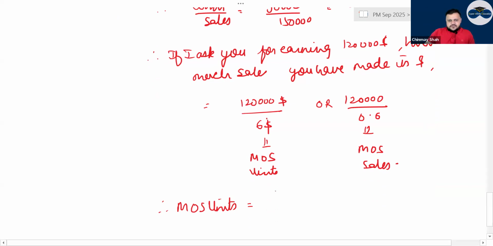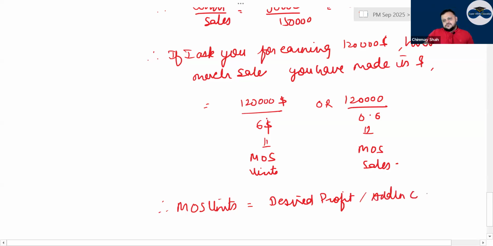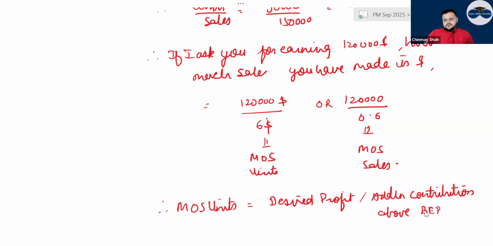Write down desired profit or additional contribution. This you will not find in any book. Additional contribution above BEP earned on units above BEP.